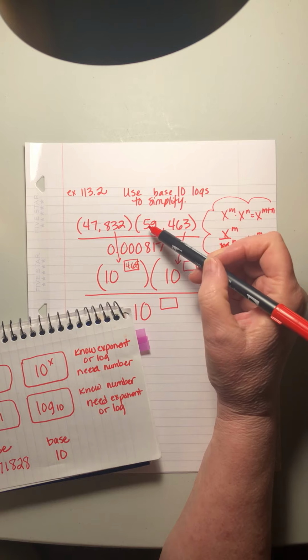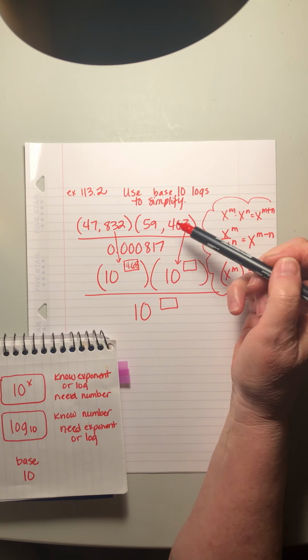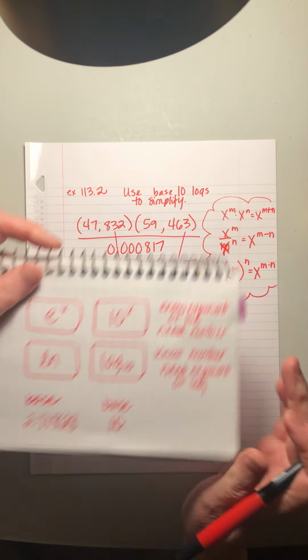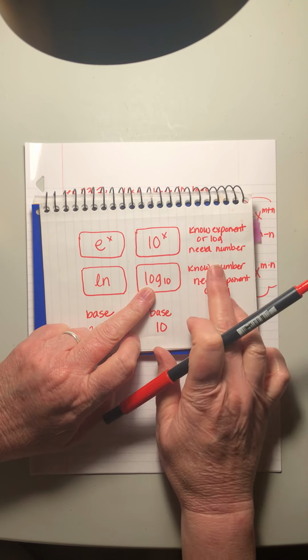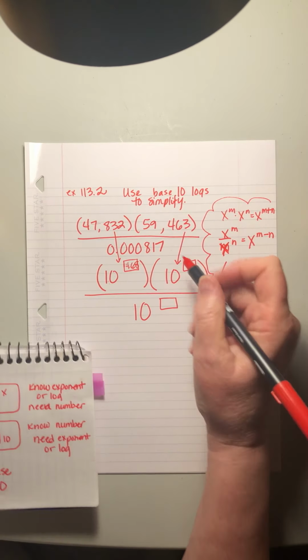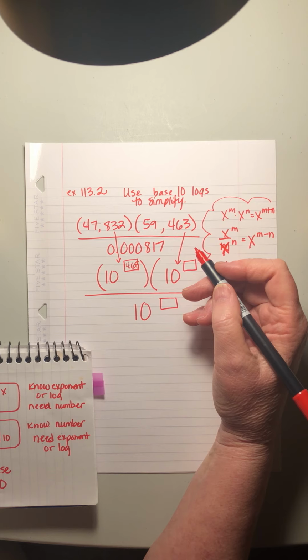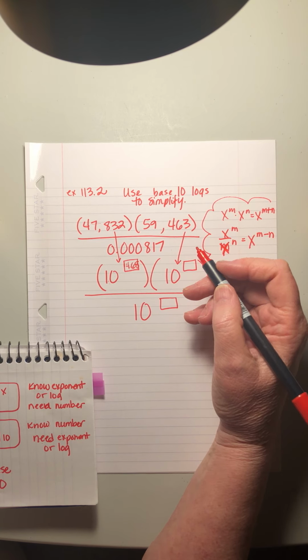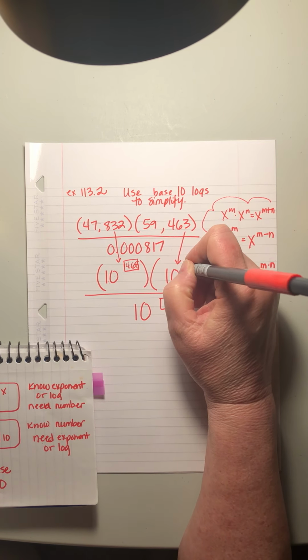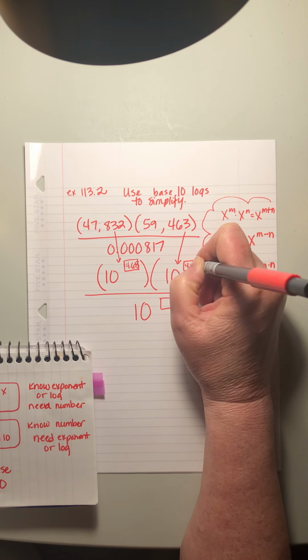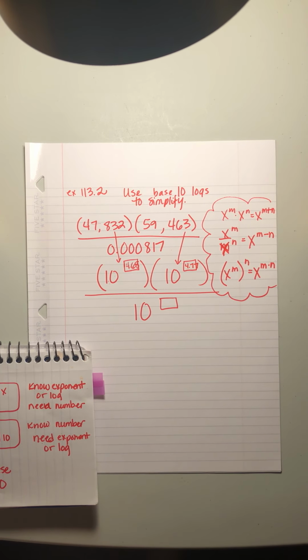Now I do the same thing. I enter 59,463 and I hit, once again, same button, log 10. I know the number, I want the exponent. That time I should get 4.77. My boxes are too small.